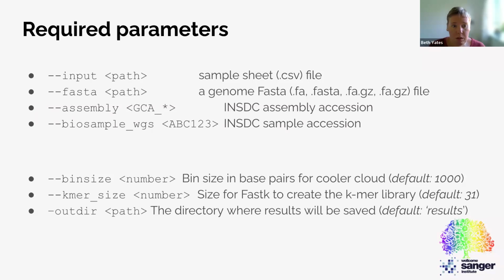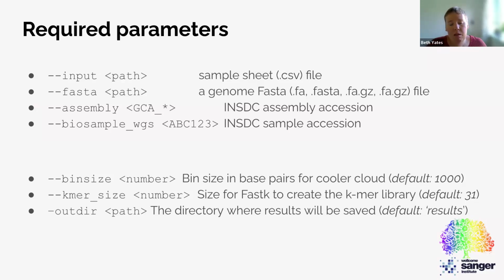It can be either zipped or unzipped, and the pipeline can deal with both. The assembly accession, which we expect to be an INSDC GCA format assembly accession, and the biosample accession for the sample that contains the whole genome sequencing. So they are absolutely required for the pipeline to run.